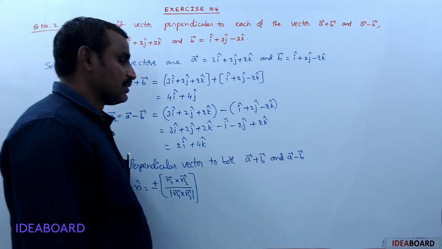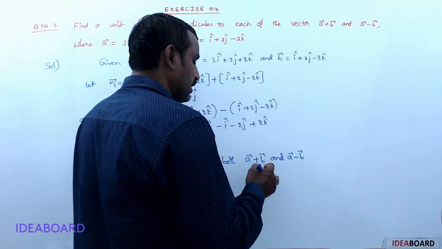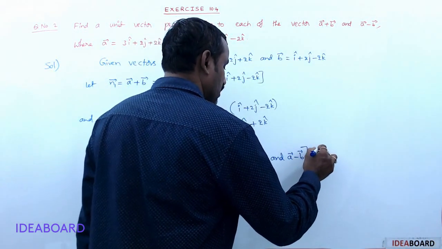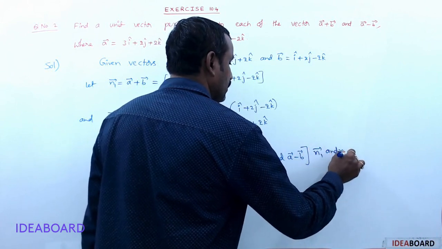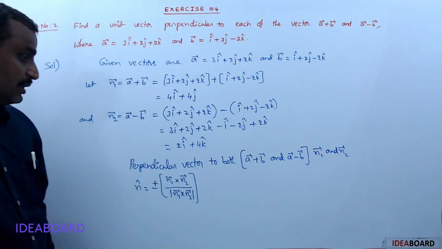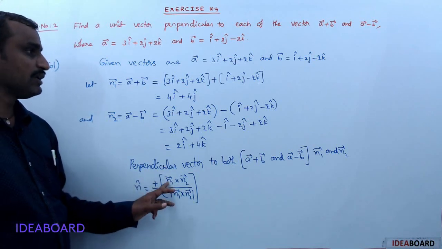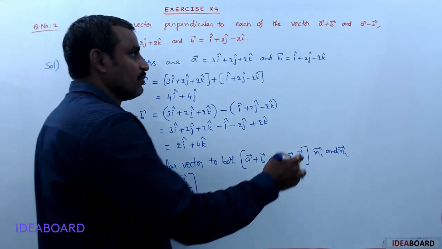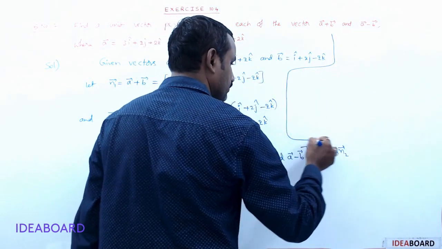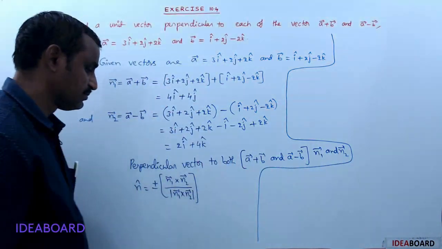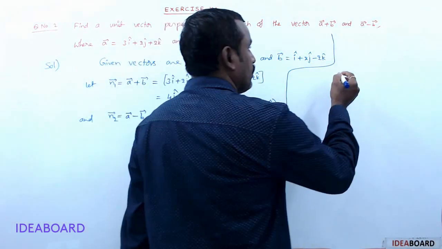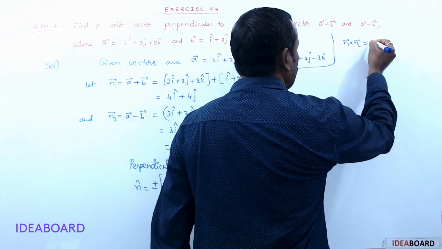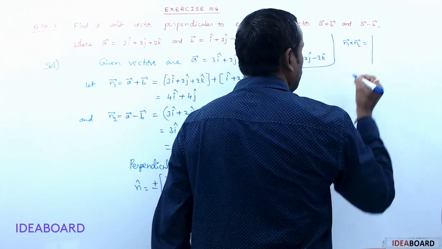That is nothing but n1 bar and n2 bar. Now we need to calculate the cross product of n1 and n2 bar first of all. n1 bar cross n2 bar is in determinant form.